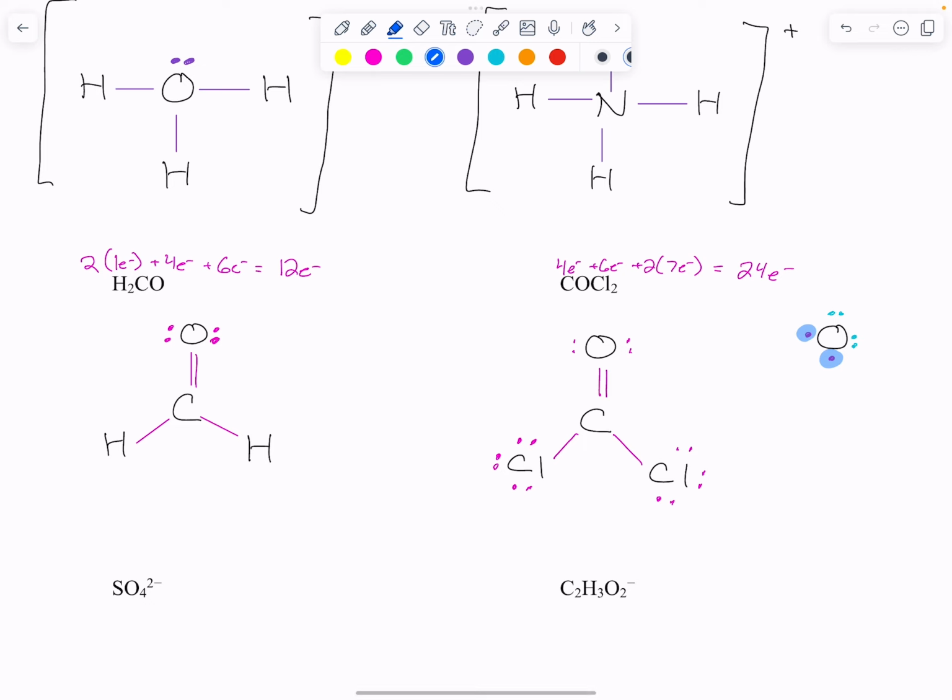Oxygen prefers 2. If you look at chlorine, chlorine has 7 valence electrons, and so chlorine likes to make 1 bond. That's their preference. Now, atoms don't always get their preference, but if they have a preference, oxygen will make 2 bonds, and chlorine will make 1 bond.